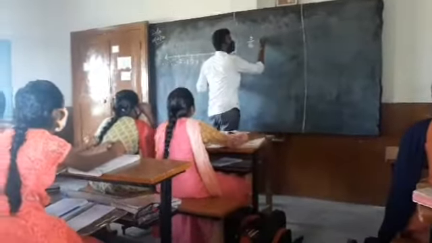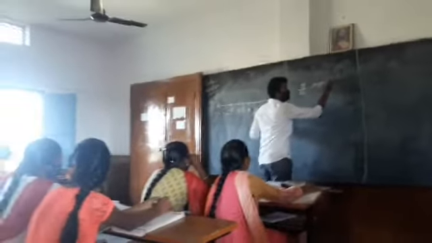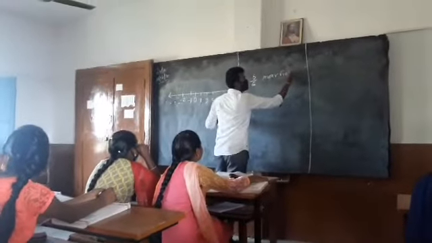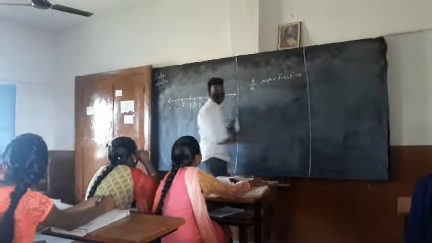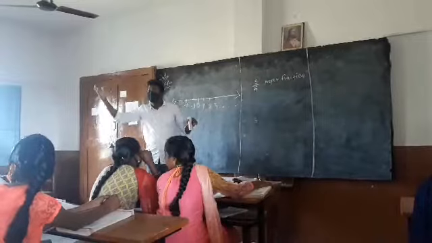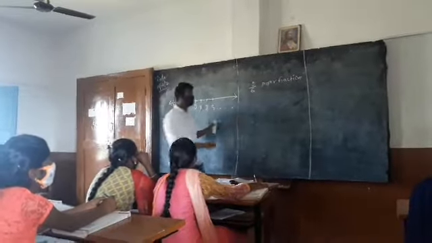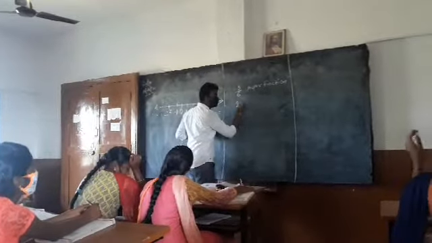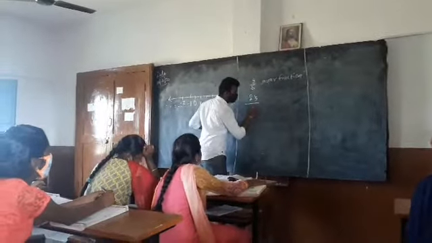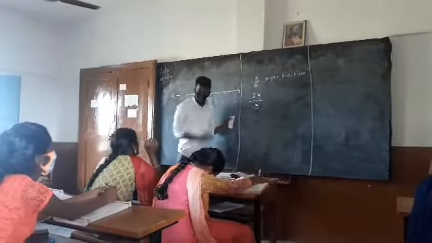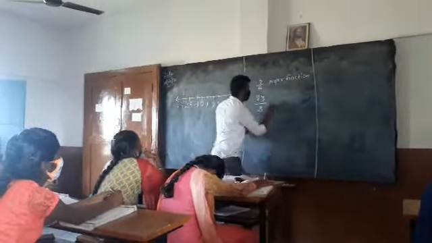Sit down. Improper fraction. Yes, let him tell. Others should be quiet. Very good. Numerator should be big. Denominator should be small. I've written the example also. This is improper.